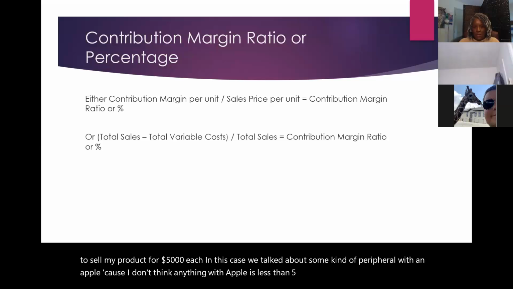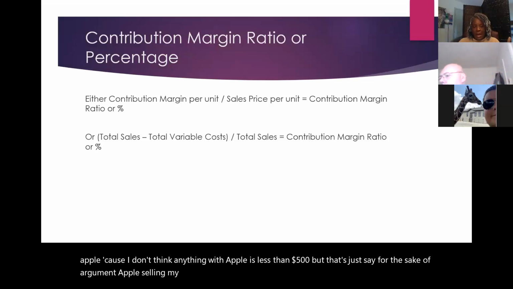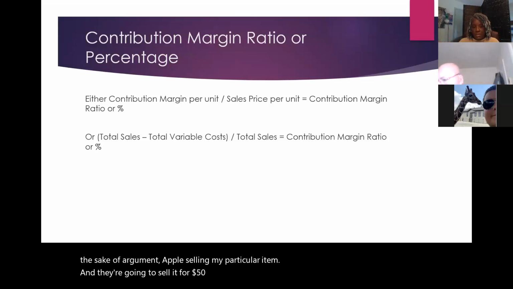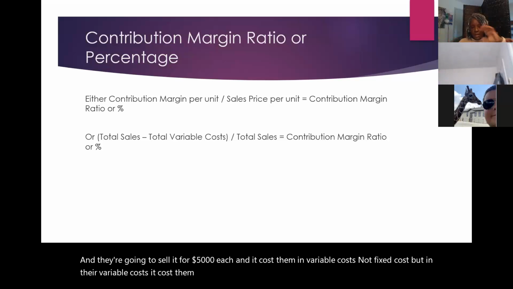But let's just say, for the sake of argument, Apple is selling a particular item for $50 each, and it costs them $20 in variable costs, not fixed costs, to produce. So we take our $50, subtract our $20 variable cost, and we get our contribution margin.